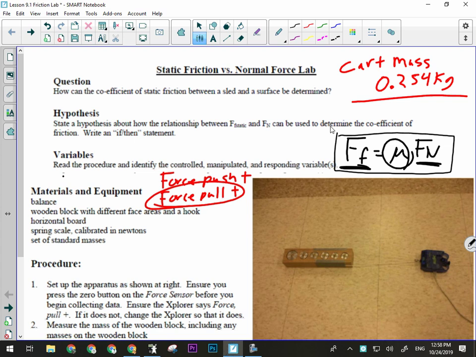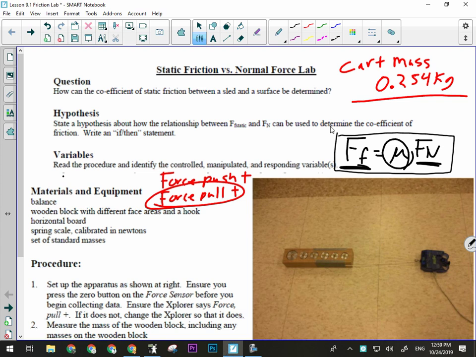What we're going to do is change how much mass is in the sled. When we change how much mass is in the sled, before you go writing down that the manipulated variable is the mass of the sled, because that's wrong. Don't write that. It's wrong. Every time I change the amount of mass in this sled, what am I changing? Okay, system mass, anything that doesn't have to do with mass.